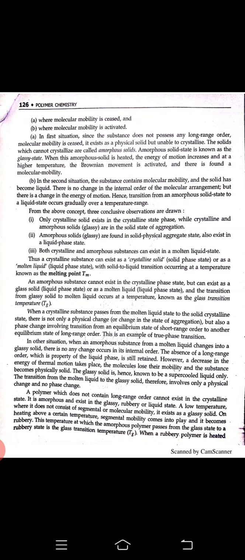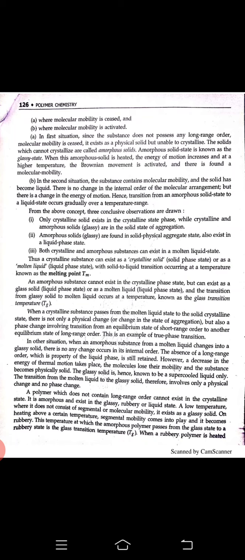A polymer which does not contain long range order cannot exist in the crystalline state. It is amorphous and exists in the glassy, rubbery and liquid states. At low temperature, where there is no segmental or molecular mobility, it exists as a glassy solid. On heating above a certain temperature, segmental mobility comes into play and it becomes rubbery.